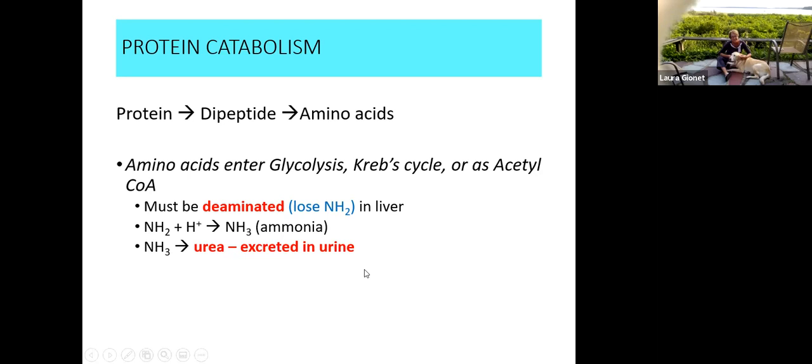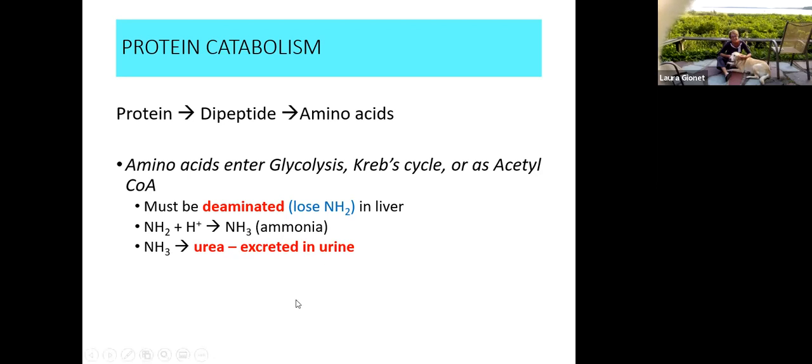So deamination means we're going to lose that NH2 molecule, and it happens in the liver. We'll often combine it with another hydrogen ion, and that forms ammonia. And then as it passes through the blood into the kidneys, it becomes urea and is generally excreted in urine.